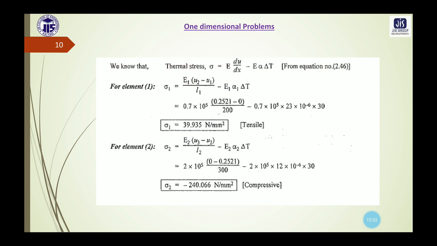So for element 1, we can write the equation for the thermal stress sigma 1 equals E1 into (U2 minus U1) divided by L1, minus E1 alpha 1 delta T.